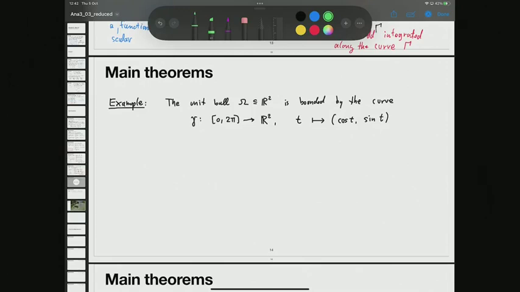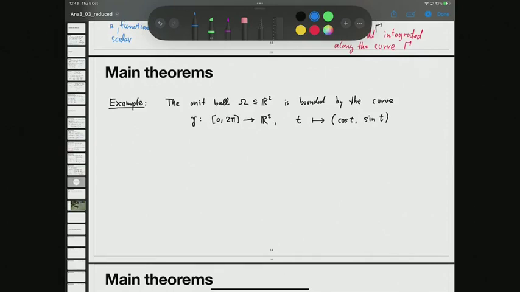So, examples. We take again a look at the unit ball, the two-dimensional disk of radius 1, and that is bounded by a curve. You have seen it before, the curve gamma going from 0 to 2 pi.